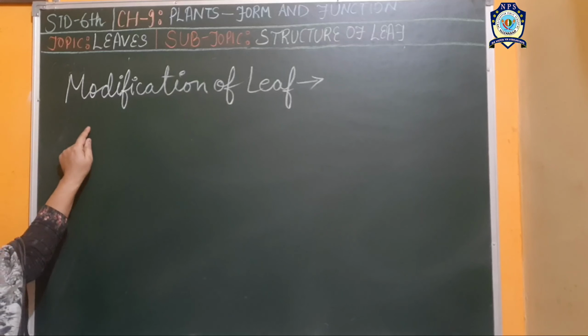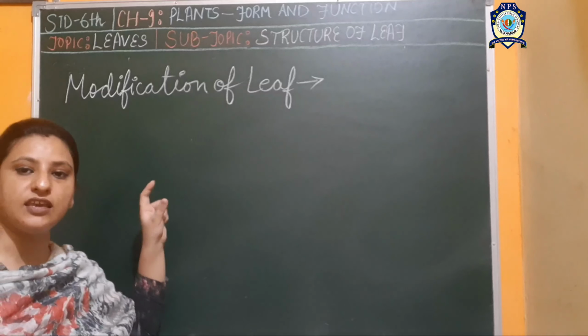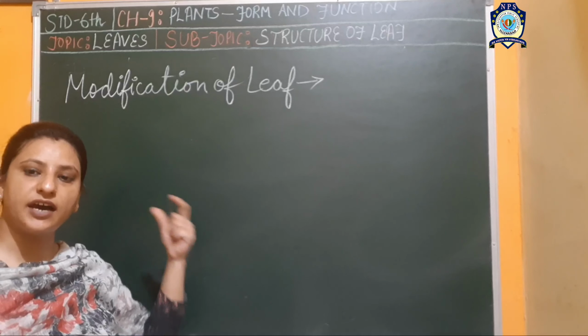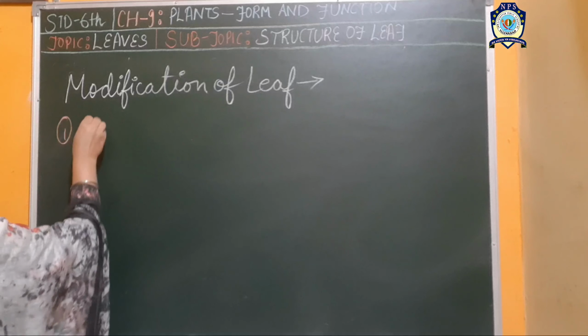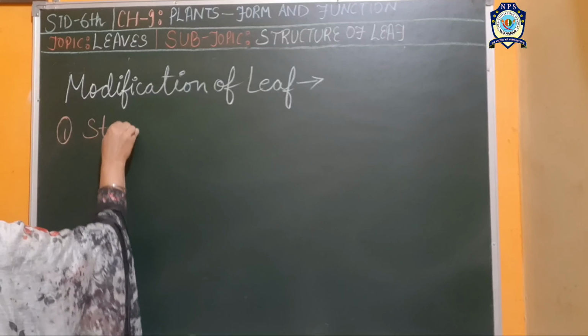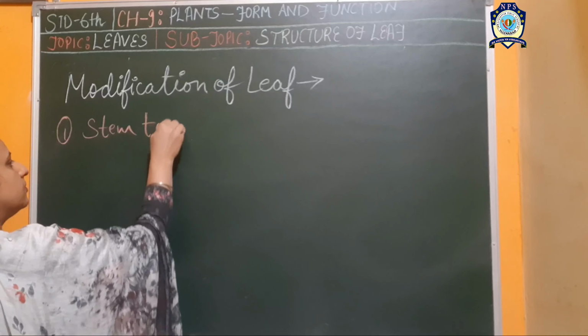So three types of modifications we can see which can be done by the leaf. First is, the leaves are modified in the form of stem tendril.